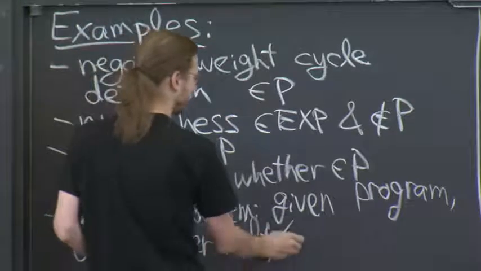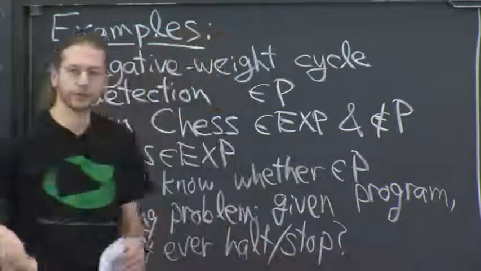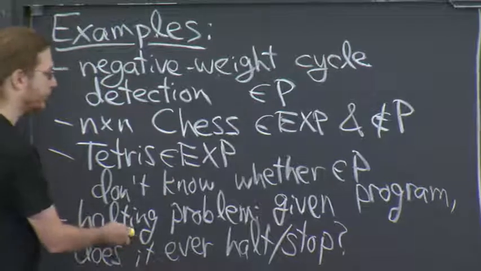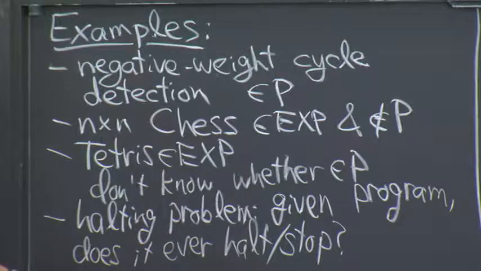Return a result, whatever. This would be really handy. You're writing some code, and you've run it for 5 hours, and you don't know, is that because there's a bug and you've got an infinite loop, or is it just because it's really slow? So you'd like to give it to some other checking program that says, will this run forever, or will it terminate? That's the halting problem.